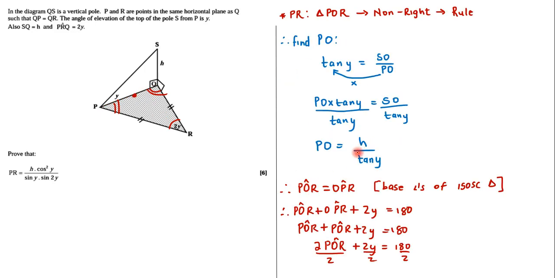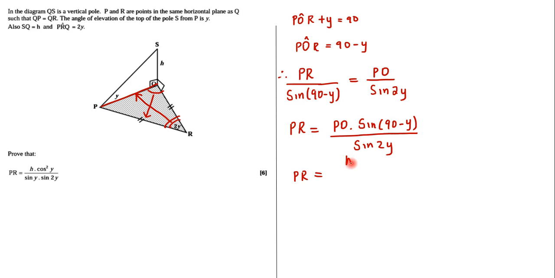PO was h over tan y, so I have h over tan y, and this is with sine 90 minus y over sine 2y. All right.